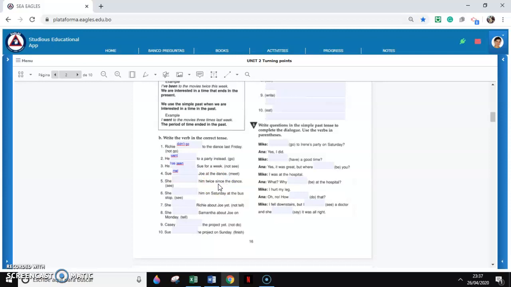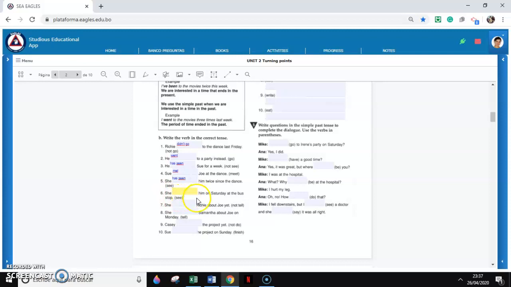Since. So we always use since with the present perfect tense. So she has seen. Remember that we always use the past participle form of the verb when we use the present perfect tense.